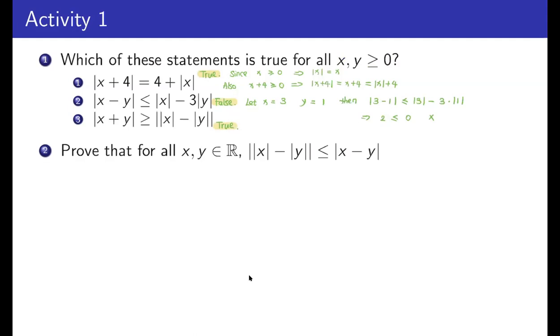Proof: I proved it using 2 different ways. The first one, you can square both sides. And the second one, you can discuss cases. 2 different methods, okay?